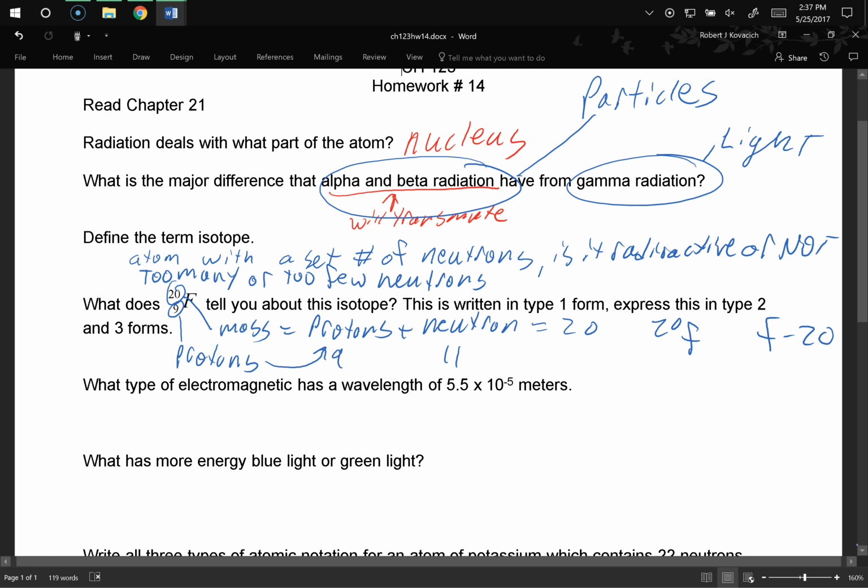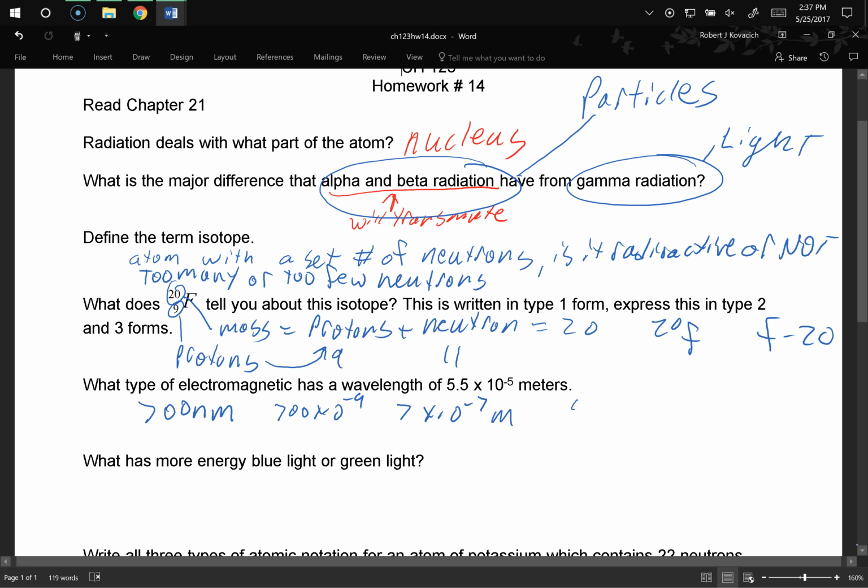I'm pretty sure it's infrared, because about 700 nanometers is red. You okay with that? So that would be 700 times 10 to the negative 9th, so that would be 7 times 10 to the minus 7th meters. And that's the end of the visible spectrum.